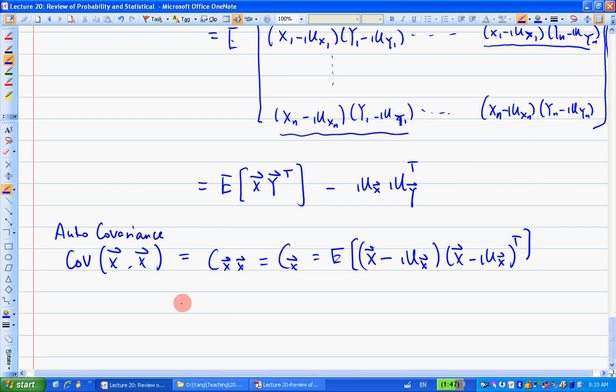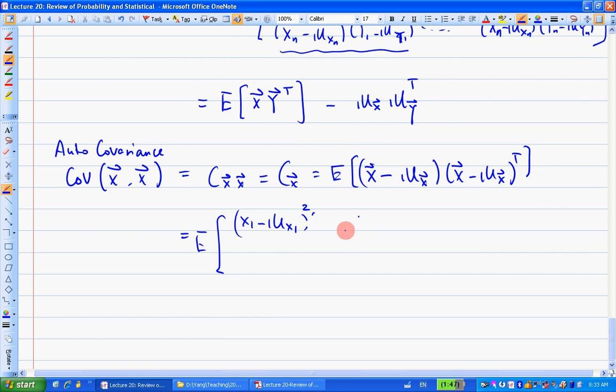Bear with me. Maybe I'll just write a few here. Well, the first one is x1 minus mu x1 multiplied by this, so this is basically squared.